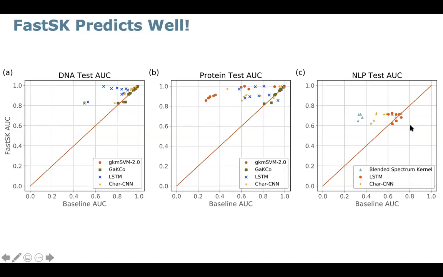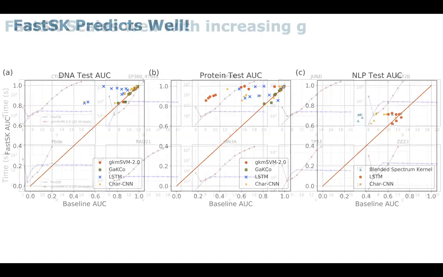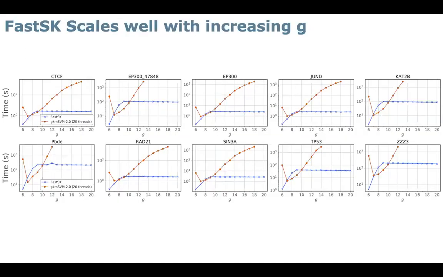Similarly, in the NLP case, I think there are only 3 cases where the LSTM is slightly better, but for all the rest FastSK is better. So this is a very strong figure showing FastSK predicts well, and together with the previous page, it's a very good choice when your training data is kind of moderate.